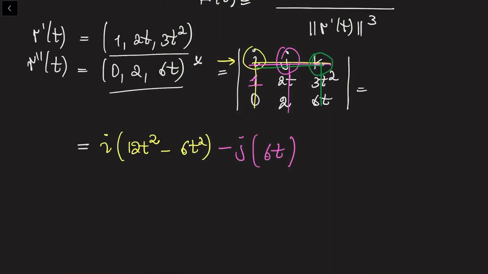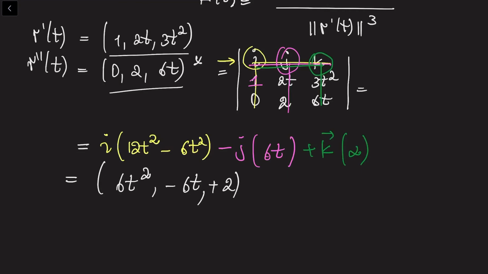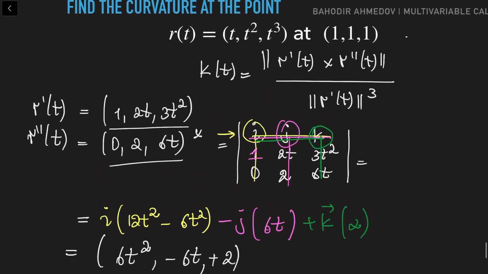We're going to delete the row and the column where the k is located and multiply this by the determinant of the matrix which is left, which is simply 2. So we are going to write this down component-wise. It is going to be equal to 6t squared, minus 6t, plus 2. So this is the cross product of these two vectors.